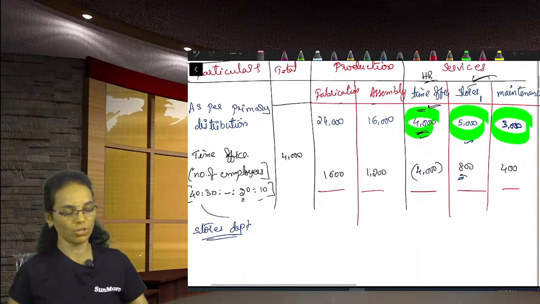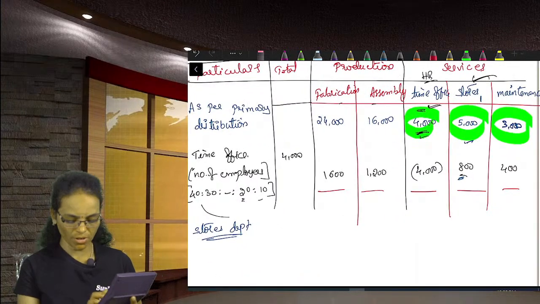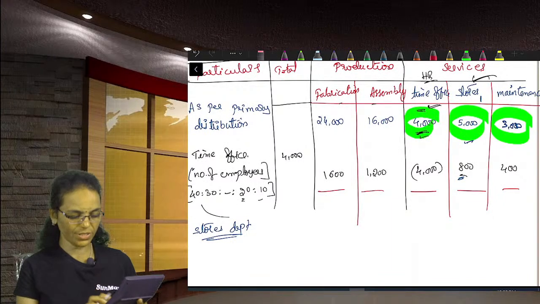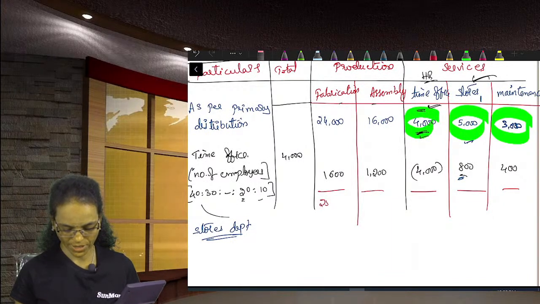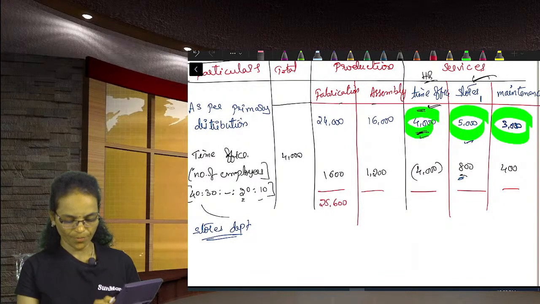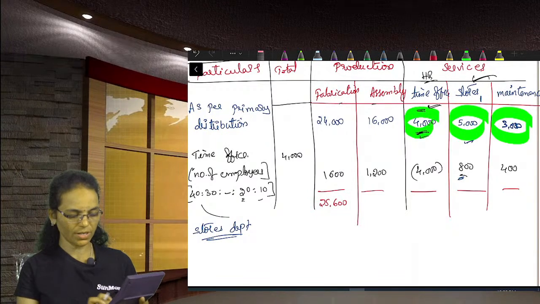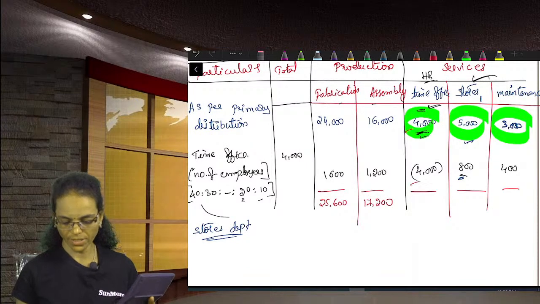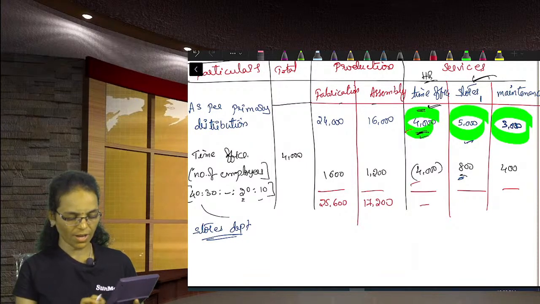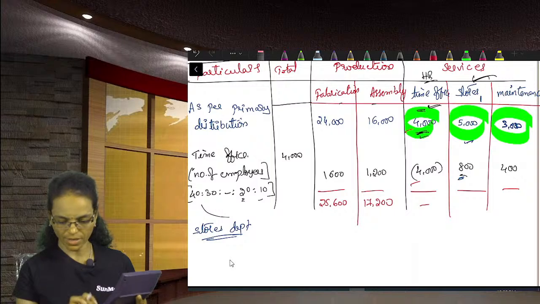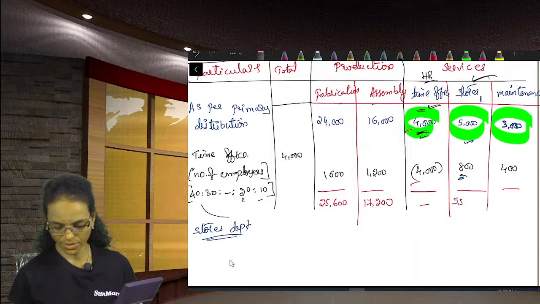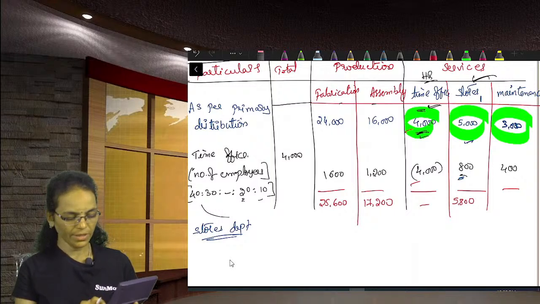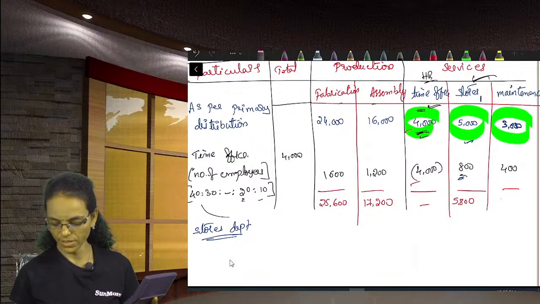Otherwise in the examination there is a possibility of going wrong. 24,000 plus 1600 is 25,600. 16,000 plus 1200 is 17,200. This one plus minus became nil. 5,000 plus 800 is 5,800. 3,000 plus 400 is 3,400.